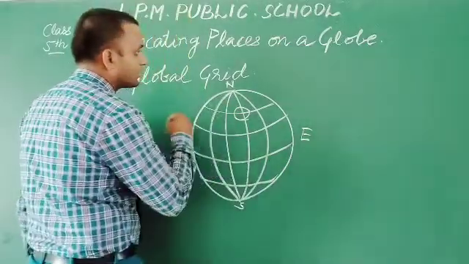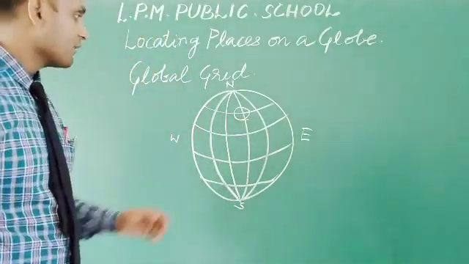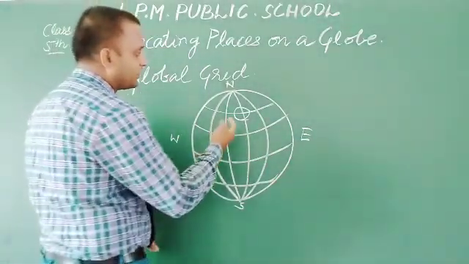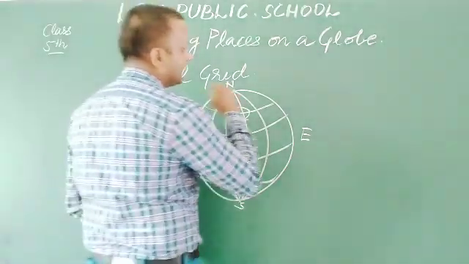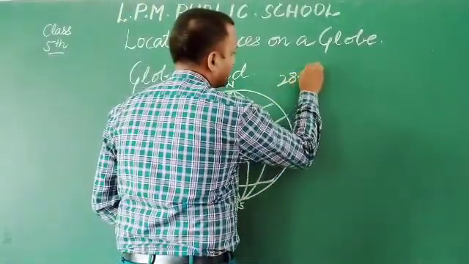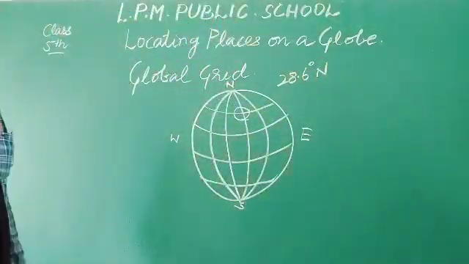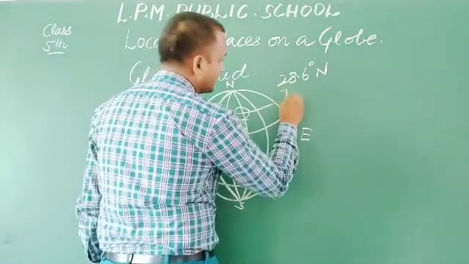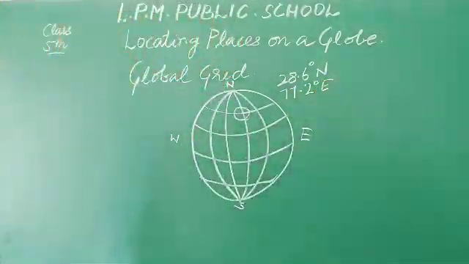Suppose we are writing the location of New Delhi, then first we write the point of latitude, after that the point of longitude. So the latitude is 28.6 degrees north and the longitude is 77.2 degrees east.